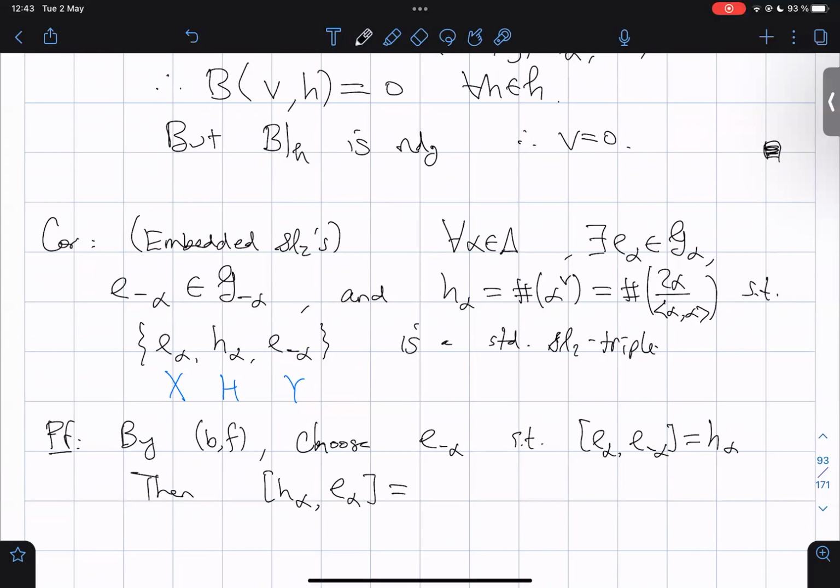We want this to be 2 times E alpha. So how does this H act on this? It's by the scaling where you pair alpha with H alpha. But from the definition, this is really just alpha of H alpha check, times E alpha, which is 2 E alpha.